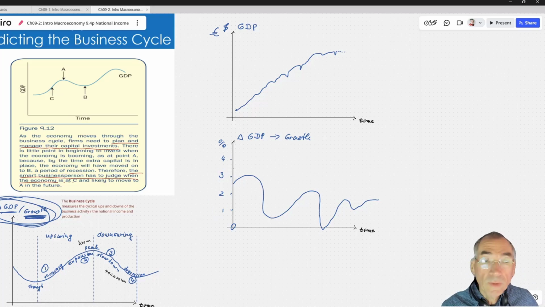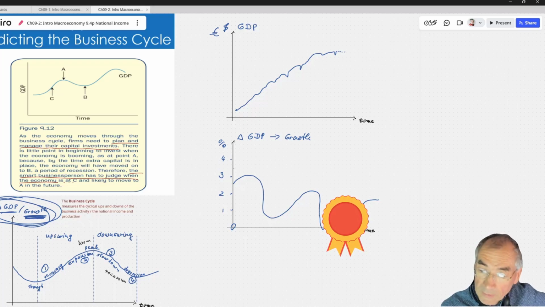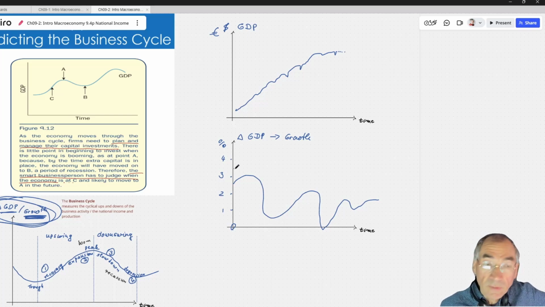And again, this drawing doesn't win a beauty prize, but it's typically what happened in the last decades. We had growth rates that were even higher, here let's say 3%, in the 1970s somewhere up to 10% or so, but in the last decades 3%, then going down, going up, going down.